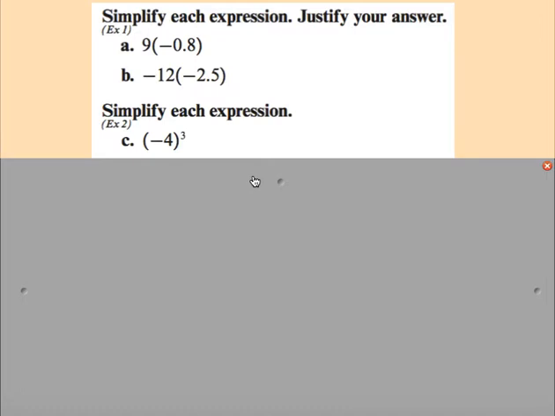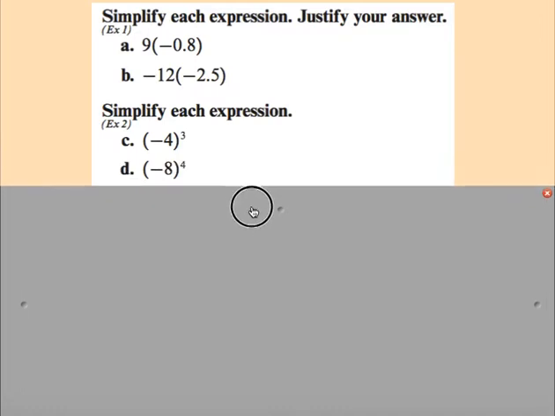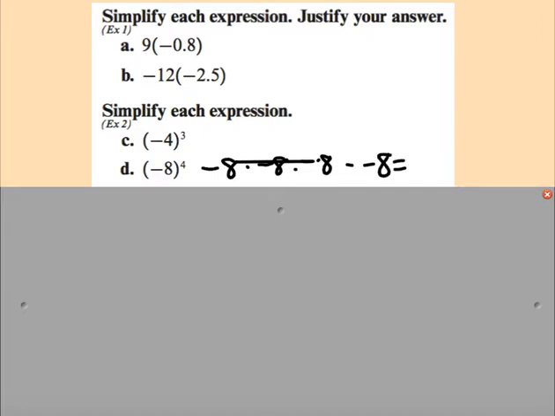With 3 negatives multiplied, we get a negative result. (-8) to the fourth, since we have -8 four times, we end up getting a positive result. It's going to be positive for sure.